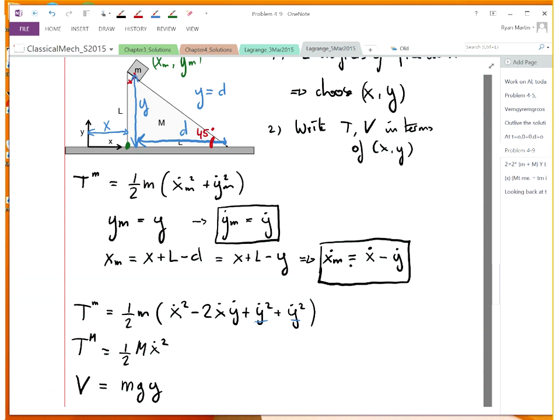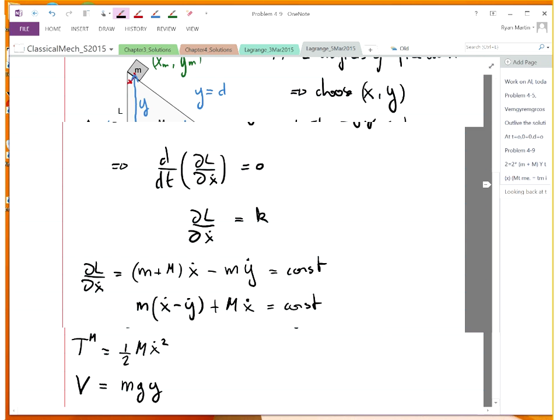What's this x dot minus y dot? x dot minus y dot was the x velocity of the little mass, right?